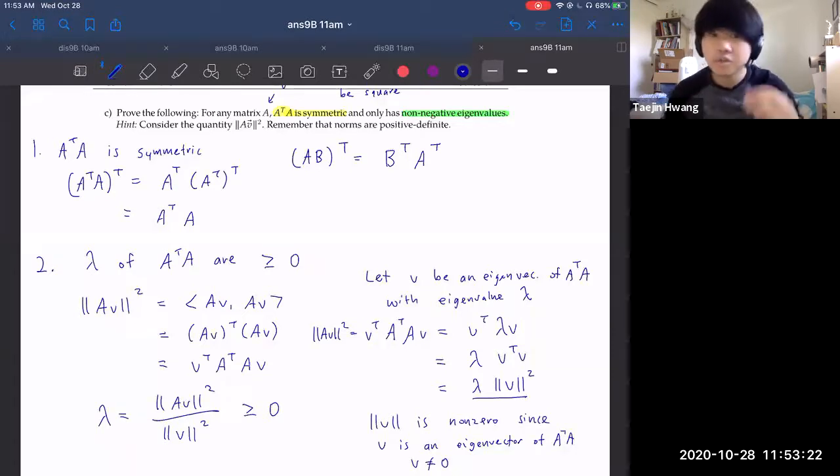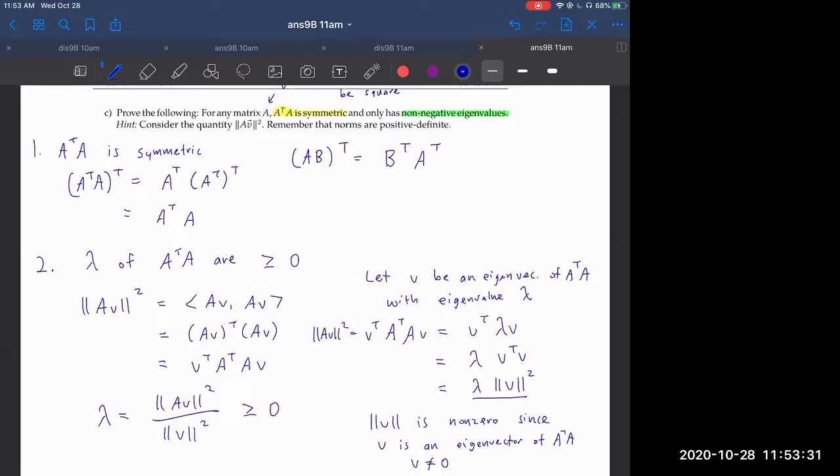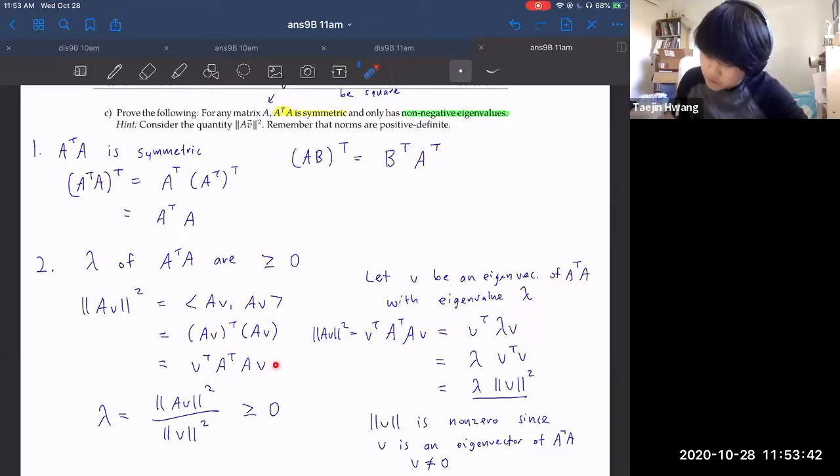So any questions about this part? Wait, could you explain how you got the line right after where you wrote let V be an eigenvector? So from here, I took this expression, V transpose A transpose AV, and then I used the fact that V is an eigenvector of A transpose A. So then A transpose AV is just lambda V, right?